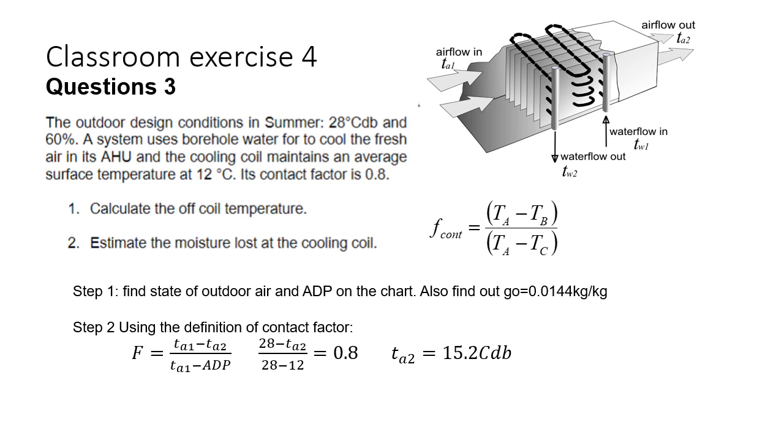The lower one is before, 28, going over a 12 degree, very cold surface. That is the definition of contact factor, and it equals 0.8. So very easily, we can calculate that the air out here will be 15.2.